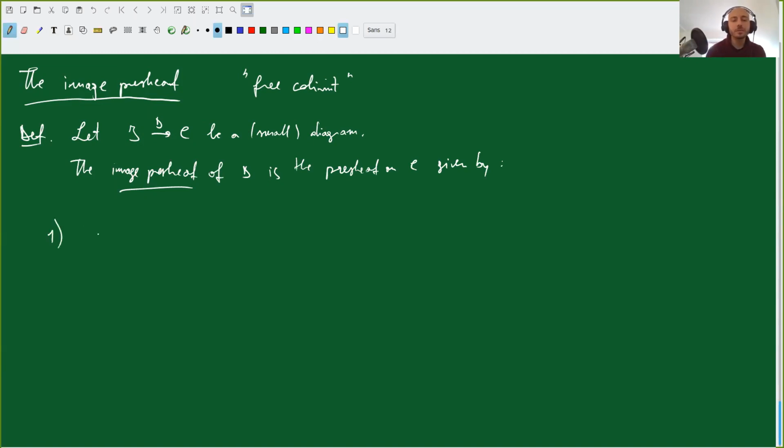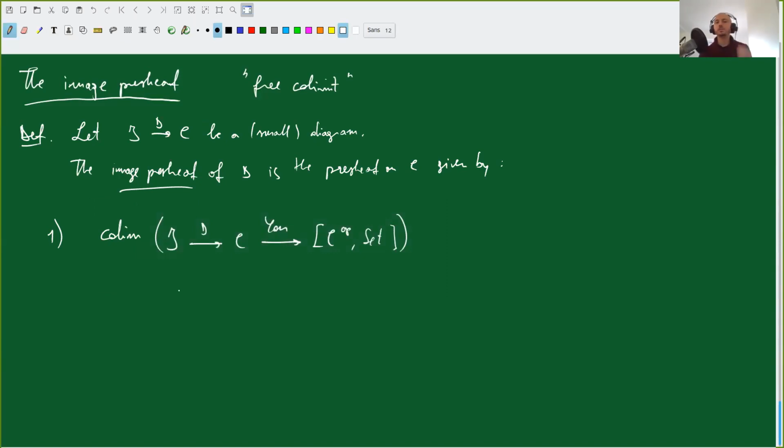The first one: this is the unit embedding, and now take the colimit of this functor. So the colimit may not exist in C, but we take the free one, in the category of presheaves.